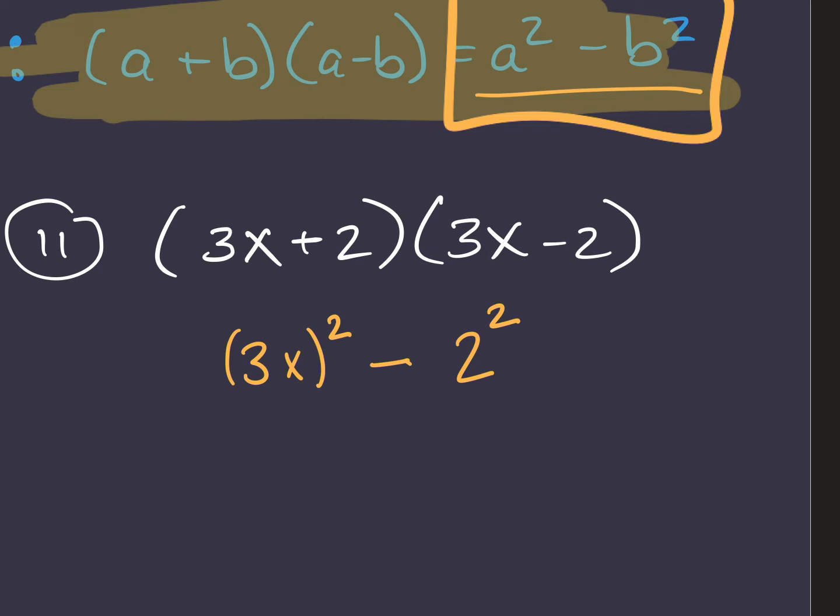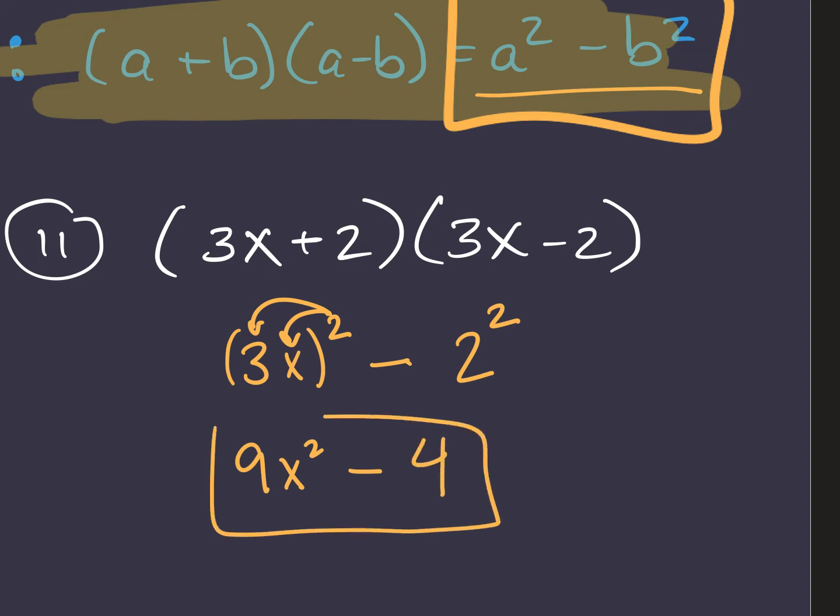What is 3x squared? How do I square 3x? 9x squared. So remember that squared gets distributed to the 3 and the x. So it becomes 9x squared. And what's 2 squared? 4. So 9x squared minus 4.